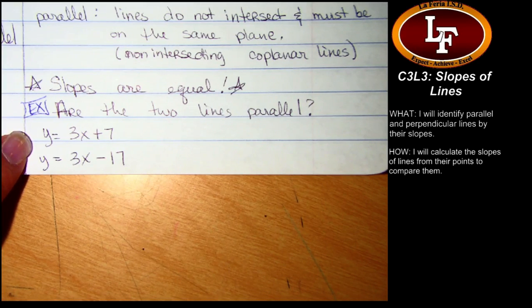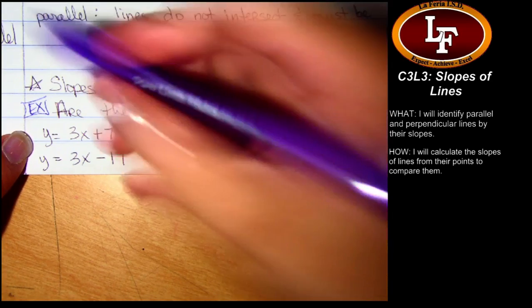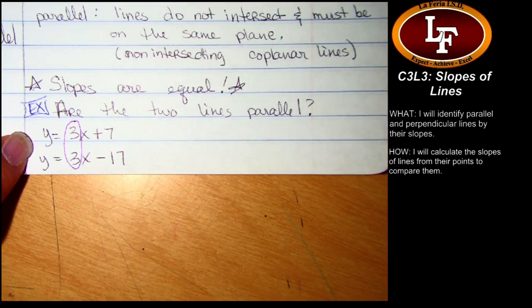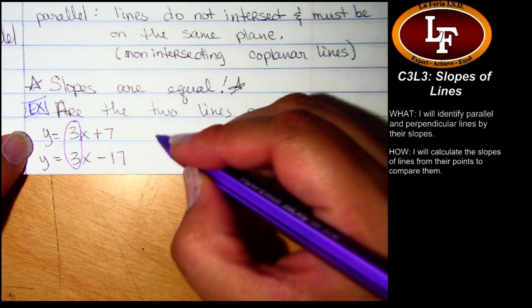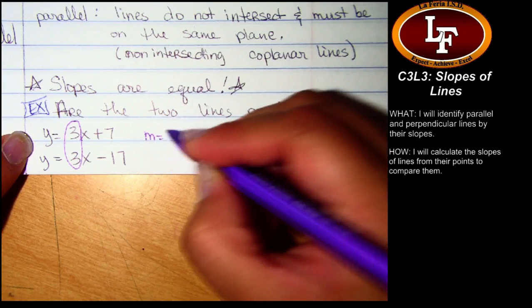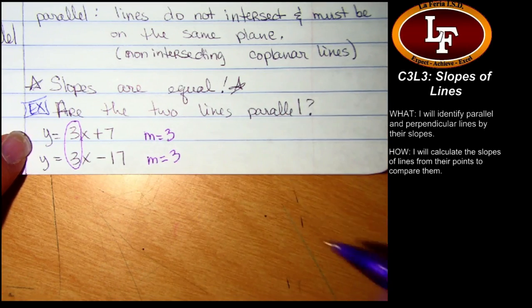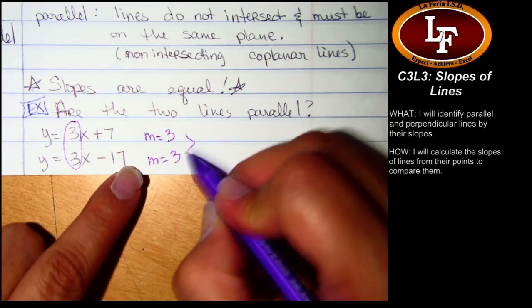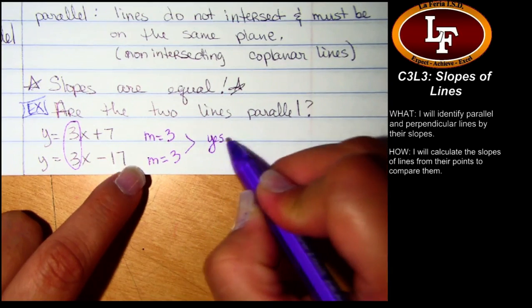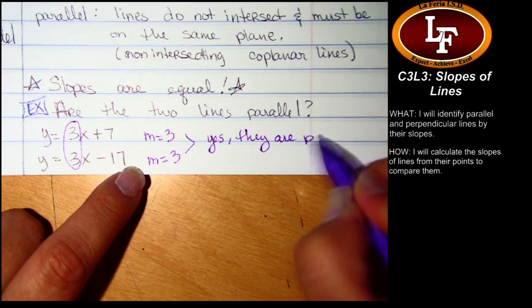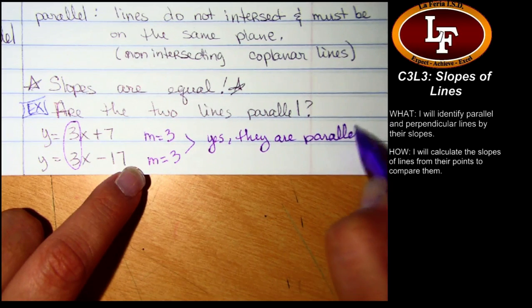Yes, because they look like y equals mx plus b. This is the spot where the m is, which represents our slope. And so for this line, the slope is 3. And for this line, the slope is 3. Since my slopes are equal, the answer is yes, they are parallel. Because our slopes are equal.